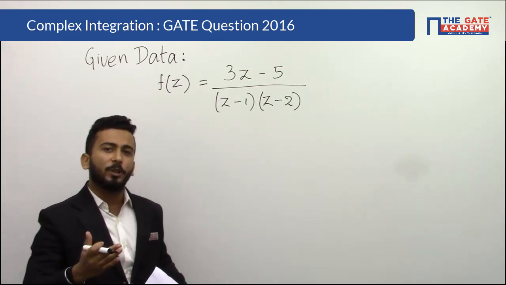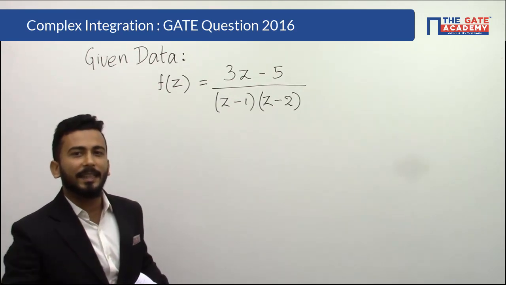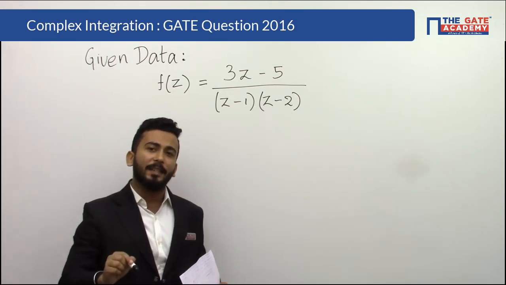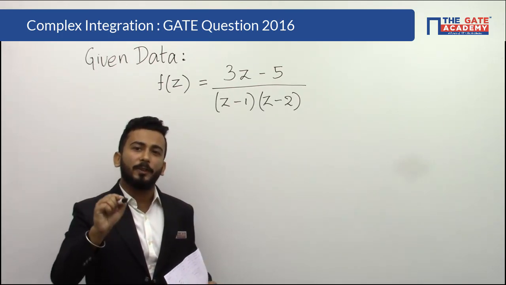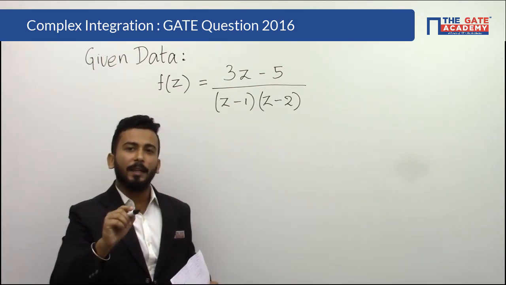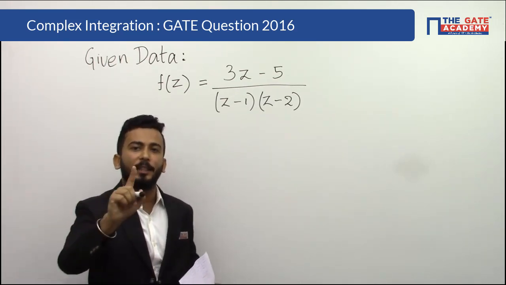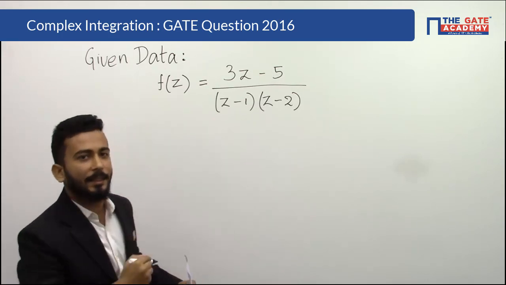What does the residue theorem say? It says that the integration of an analytic function f(z) enclosed in a closed curve C is given by 2 pi i into the sum of the residues at the singular points. Let us see.